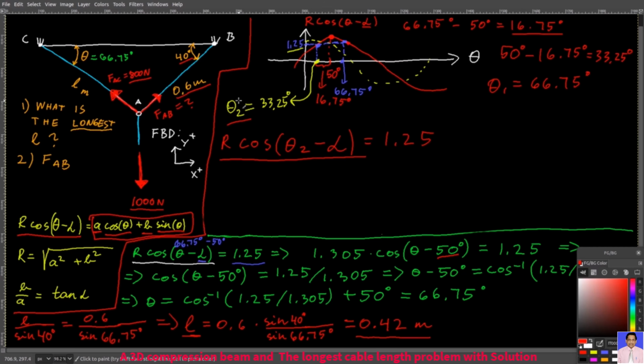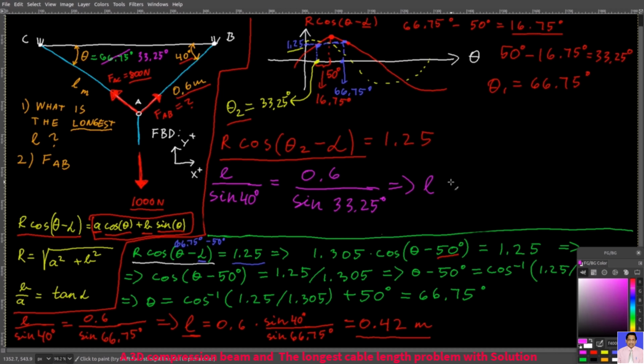And now if I take my theta 2 and I calculate my length using the sine law, well, then I will have L over sine 40 degrees equals 0.6 over sine 33.25 degrees. So now instead of this, I have 33.25 degrees.